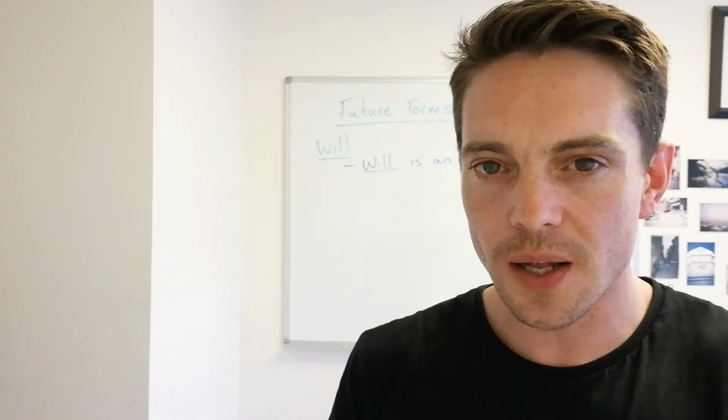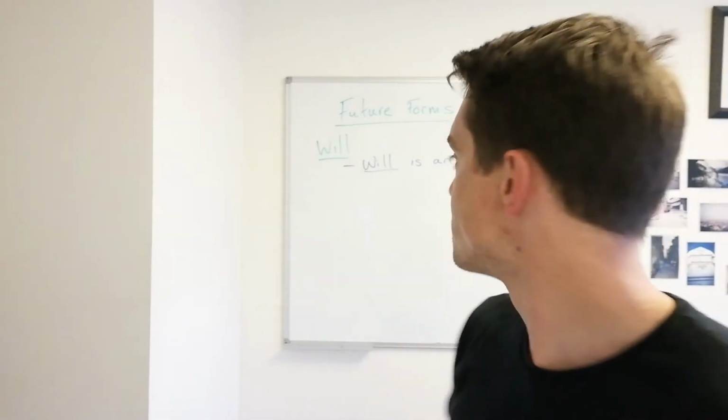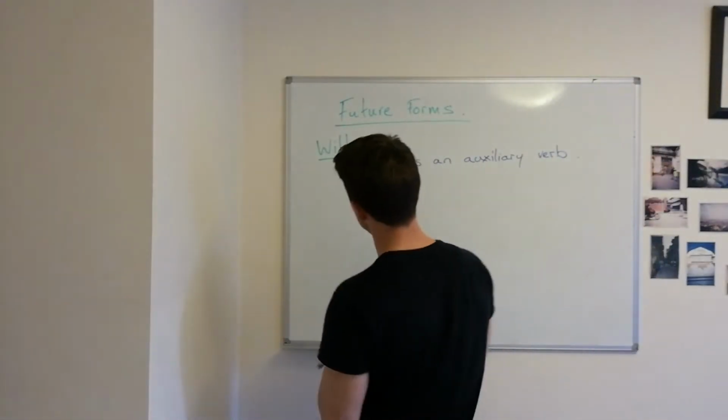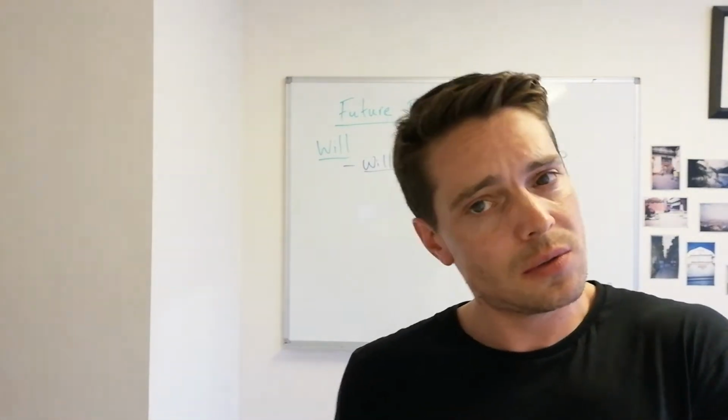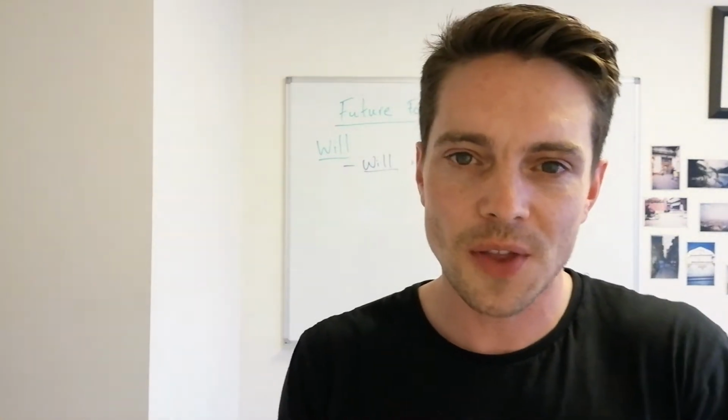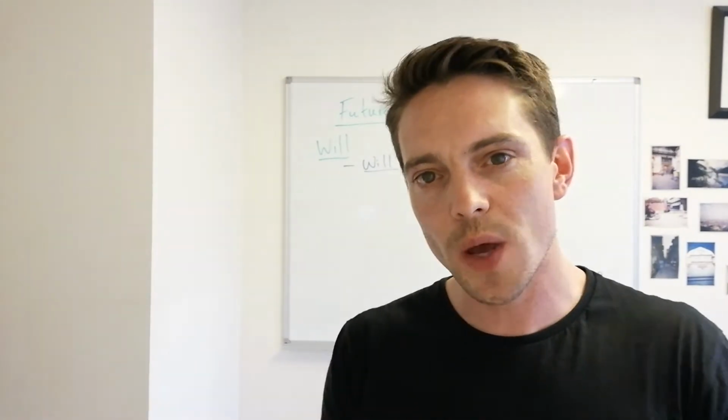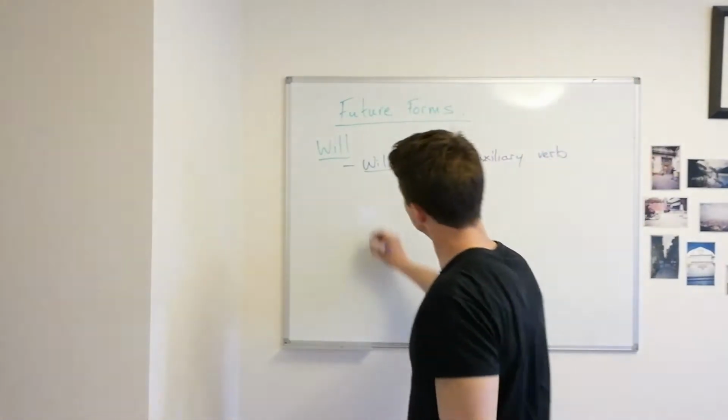So we use will with another verb. So for example, if you want to say, I go to school, if you want to put that into the future, you would say, I will go to school.